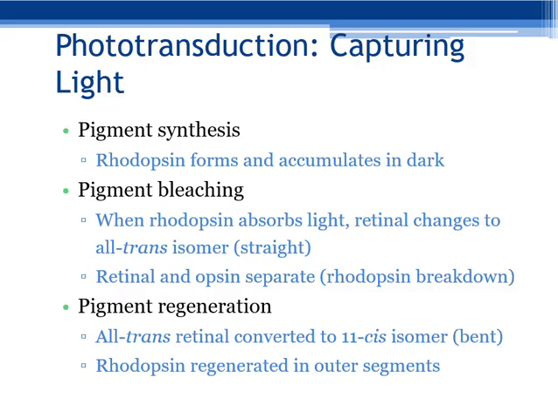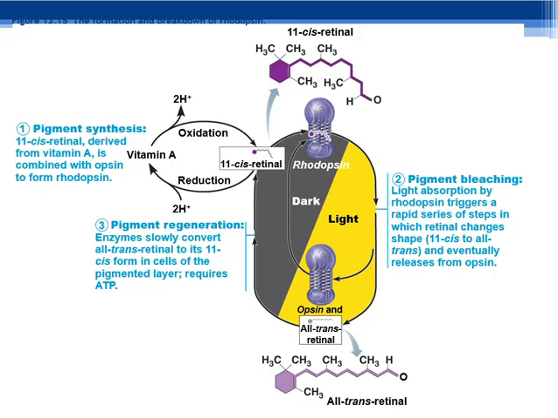Because after light hits retinal and it changes shape and it changes the shape of opsin, we actually get processing to a graded potential and then eventually an action potential. But then we have to regenerate that pigment and then regenerate the retinal so that we can keep using these rods. And that's what we're seeing in this image.